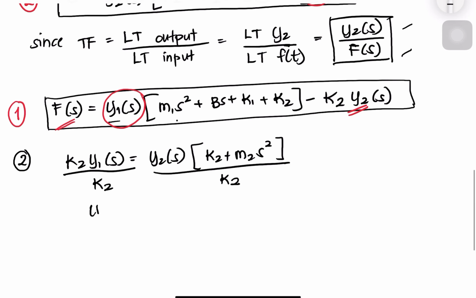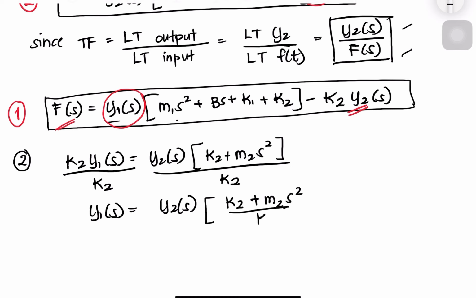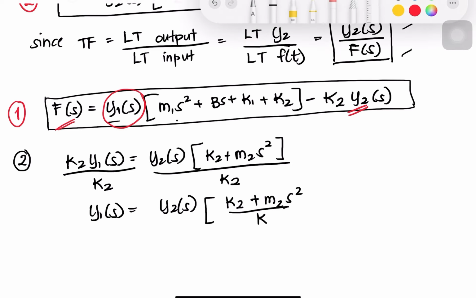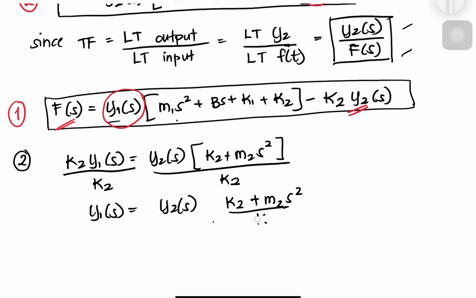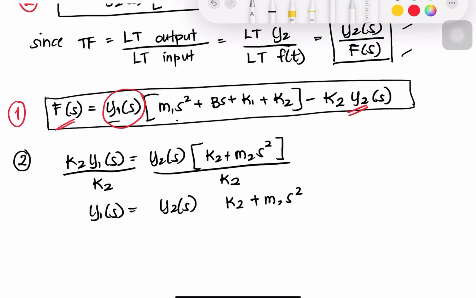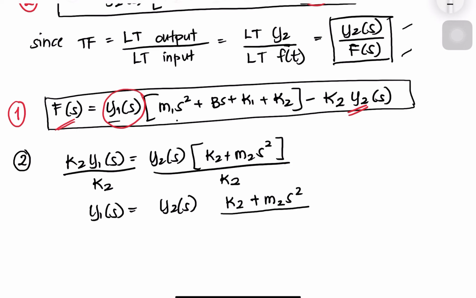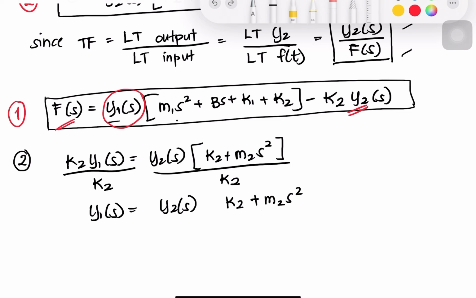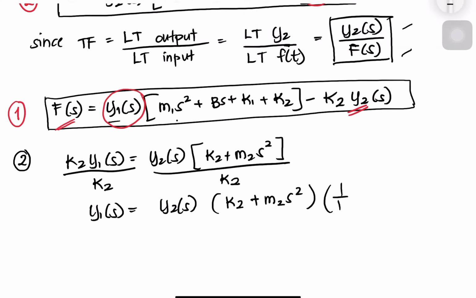And that leaves us with y1 of s is equal to y2 of s times k2 plus m2s squared over k2. Or let's just rewrite this as 1 over k2. Okay. And now we have y1.